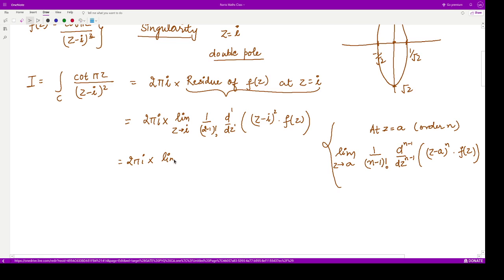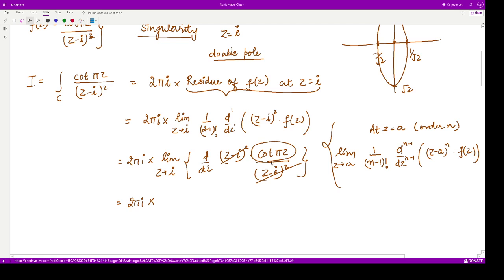We would have 2πi and then the limit as z goes to i, and then 1, and then the first derivative of (z minus i) squared times f(z), where f(z) is cot(πz) divided by (z minus i) whole squared. Now these two quantities cancel, and we have to take the derivative of cot(πz). The derivative of cot(πz) is simply minus cosecant squared (πz) multiplied by π. So this is the derivative.